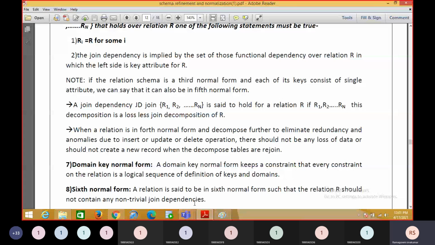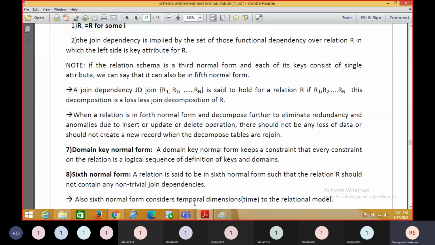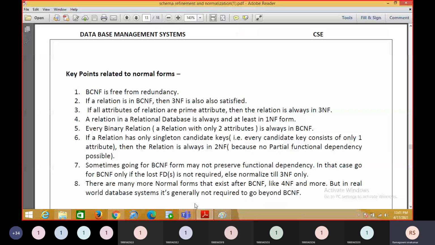First, BCNF is free from redundancy. If you are in BCNF, that means you are free from redundancy, duplication of data. If the relation is in BCNF, then 3NF is also satisfied.